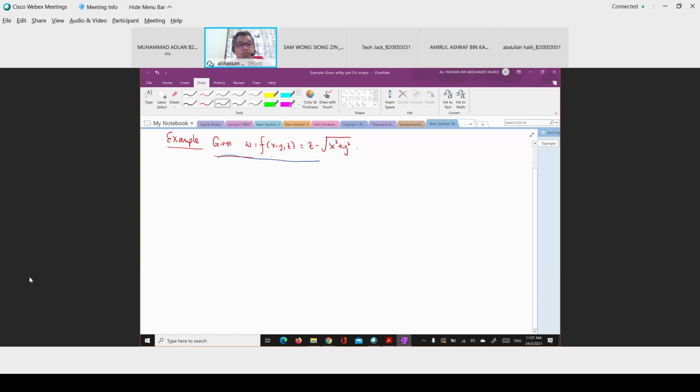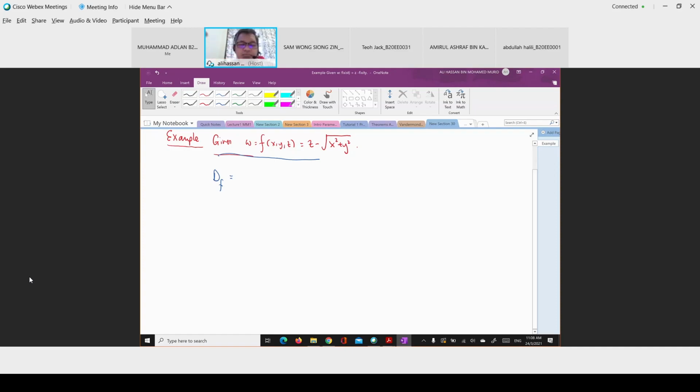Okay, let's discuss this given function here. What do you think is the domain of this function f here? Is it defined for all x, y, and z?